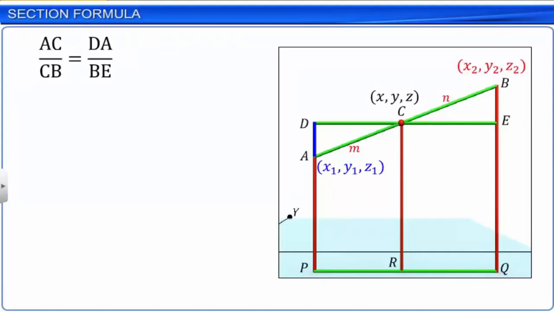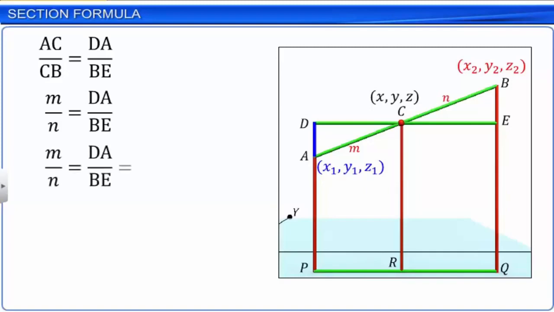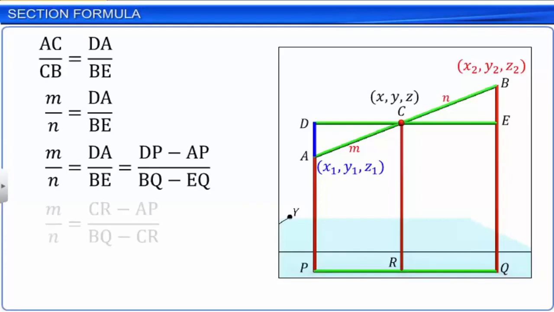On the right-hand side, we can observe that AD is equal to DP minus AP, and BE is equal to BQ minus EQ. Since DPRC and CRQE are parallelograms, we can observe that DP and EQ are both equal to CR. Substituting the values, we get the relation as shown.